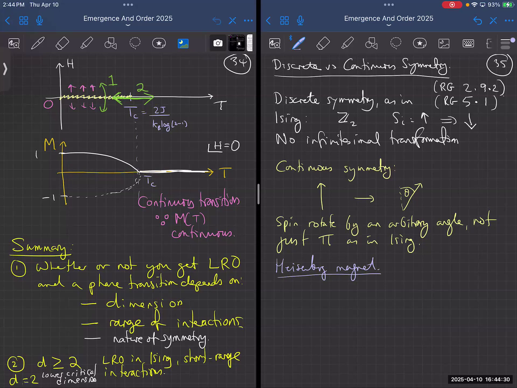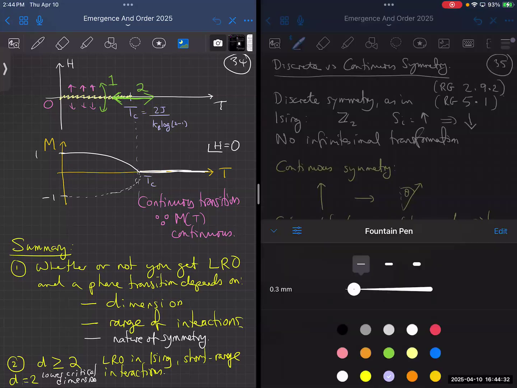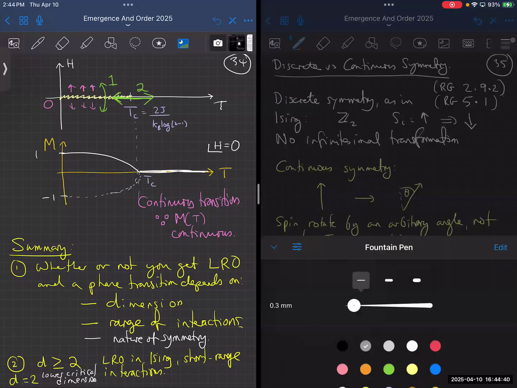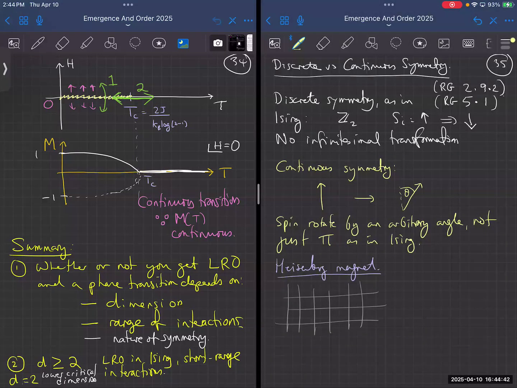In the Heisenberg magnet, it's just like the Ising model. I have a lattice like this, but now my spins on this, instead of just pointing up or down, can be at any angle I want.